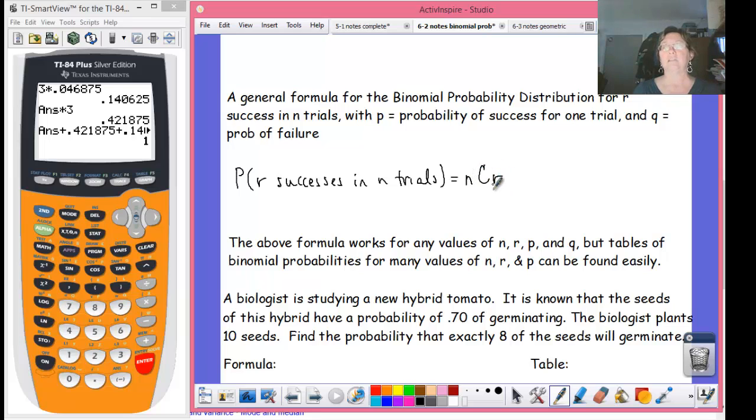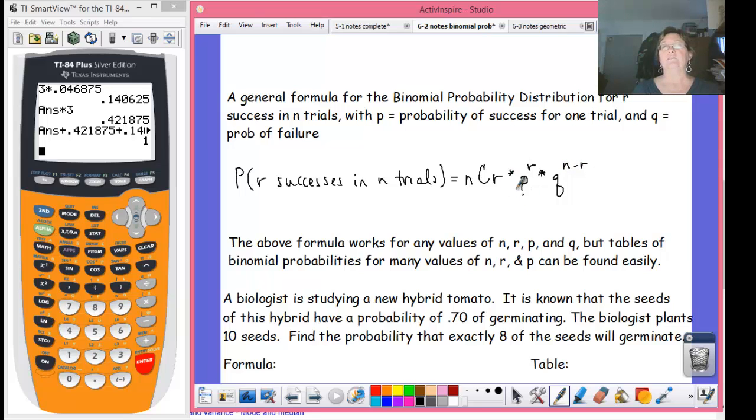That is, we're looking for the combinations of the number of trials and the number of successes that we're willing to take, or that we want to take. That gets multiplied by the probability of a success r times. That is, we want our successes, so we should have p raised to the r power. The rest of the time we have failure, and that happens on n minus r trials.